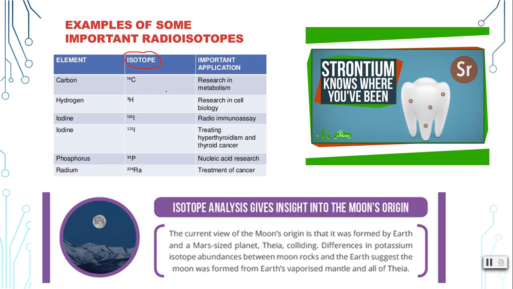But there are a lot of isotopes that are used in medical applications, in research, and also in dating certain rocks, like carbon-14 dating or even rocks from the moon. Historians have even used isotopes of strontium to help determine the kinds of diet that prehistoric animals have been exposed to throughout the centuries.